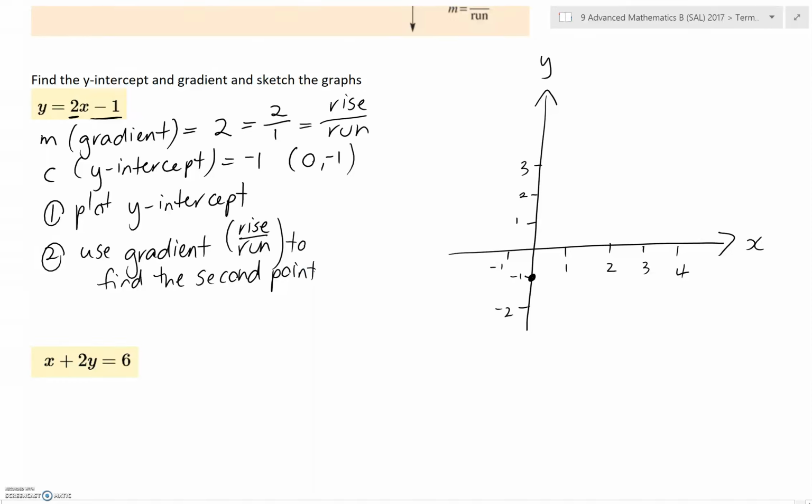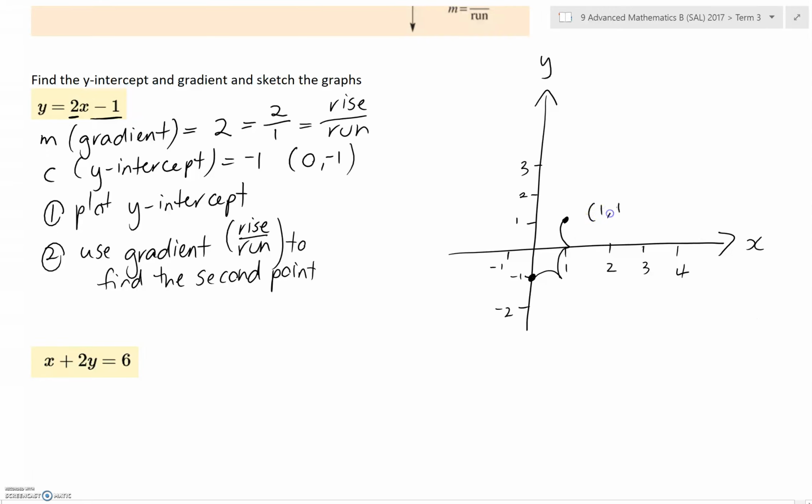So we are going to run 1 in the positive direction because we've got 1 is our run section, so we're going to run 1, and we are going to rise 2, 1, 2. Now, there is no reason you couldn't also do the rise part first, and you would end up with exactly the same point, and that would be perfectly fine.